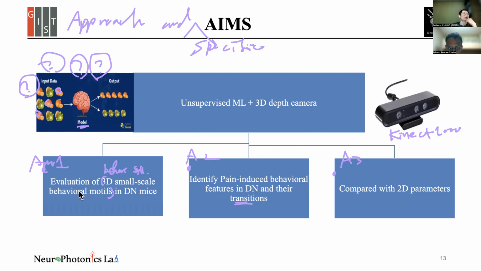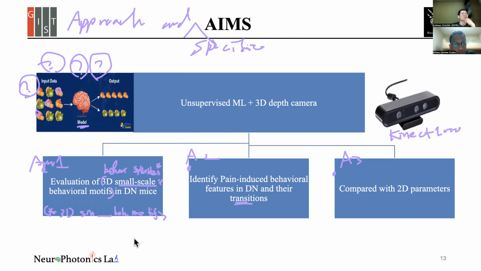I mean, this is too many words. So evaluation of behavioral syllable in mouse. And then you put here what a behavioral syllable is defined as, in our case, 3D. I'm not sure whether small scale behavior is the proper wording. Please check that it's proper words. But behavioral motifs.